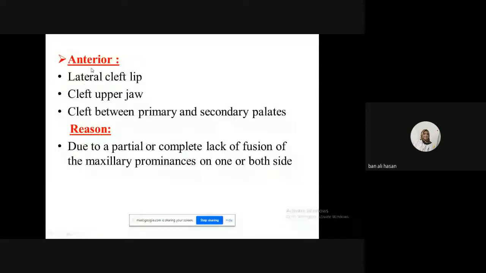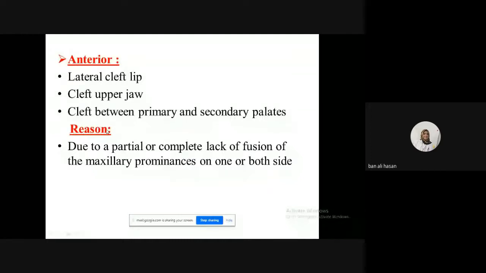We need to know that there must be a reason for these clefts. A cleft can happen in the lateral lip, so it can be in the lip, in the jaw, or in the palate. Logically, if we want to think about how this cleft happens, we said before how each part of the face or mouth is formed, and that some fusion will happen.